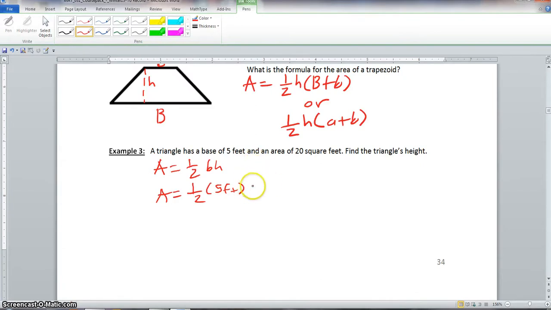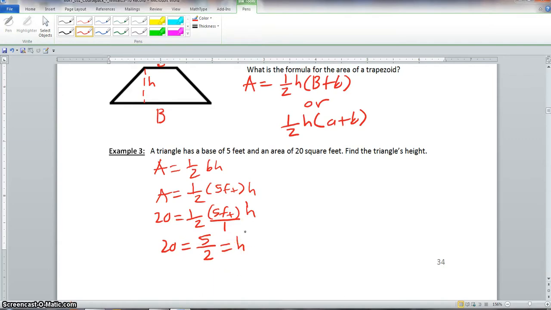We don't know what the height is, so that would be h. And we also have the area, so it should be 20 is equal to 1/2 times 5 feet times the height. Now we'll put this 5 feet over 1. So we have 20 is equal to 1 times 5 is 5, and 2 times 1 is 2.